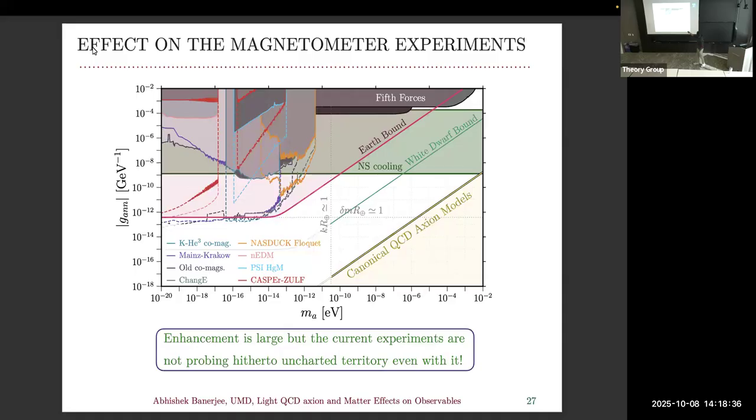If they improve their sensitivity by, I don't know, 2 or 3 orders of magnitude, here it would be from 10 to the minus 12 to 10 to the minus 15. So we'll probe something new because of this enhancement that we should take into account. So that's the statement about the gradient effects. Again, we are very far from the canonical axion lines. Are we looking for a model or not? Is this anything interesting? Again, talk to your model builder friends or us. We'll see what happens.